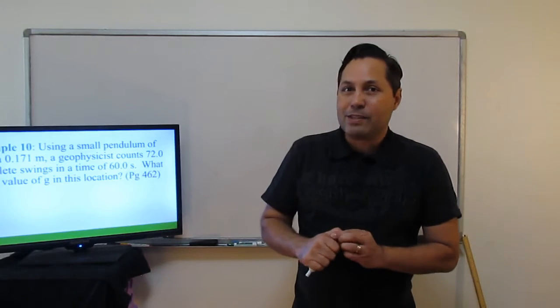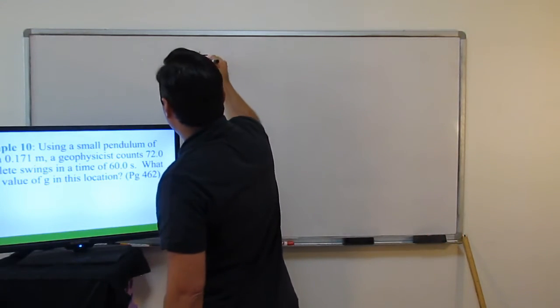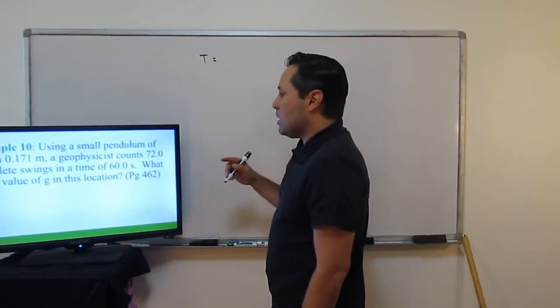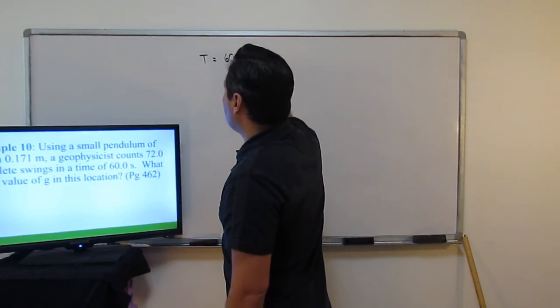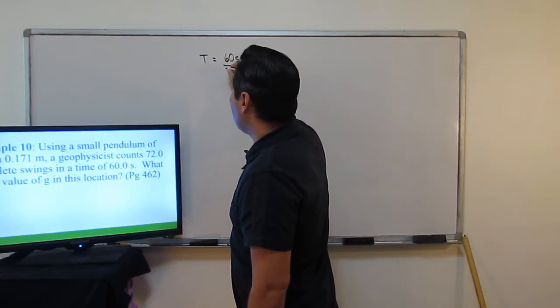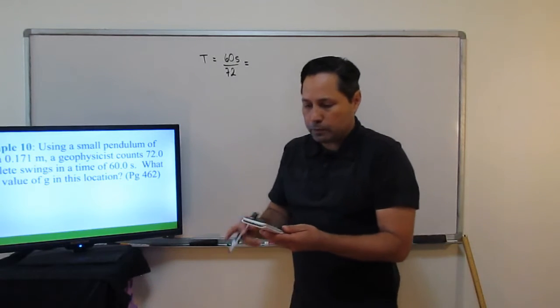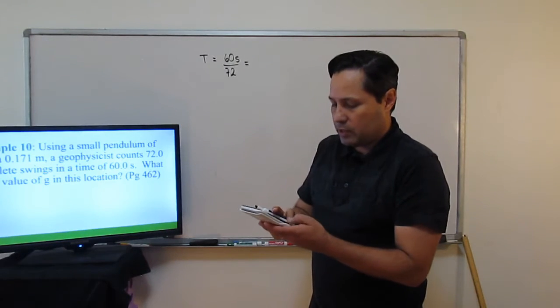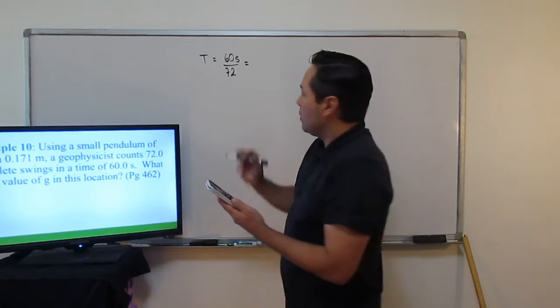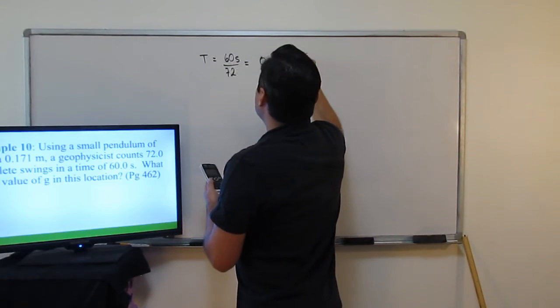So what exactly is the period of this pendulum? The period is going to be 60 seconds, which is the amount of time it took to swing those 72 oscillations, divided by 72. So 60 divided by 72 is 0.833 seconds.